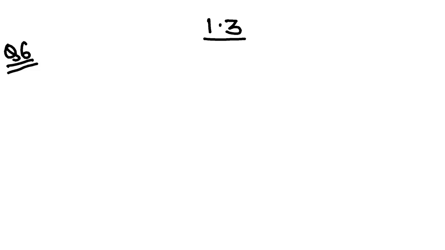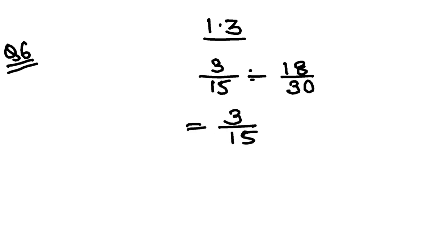Now in question number 6, you have to simplify the given questions and then you have to express them as rational numbers in standard form. Okay, the first one is 3 by 15 divided by 18 by 30. So you have to simplify it. So what I'll do, 3 by 15 into 30 by 18.